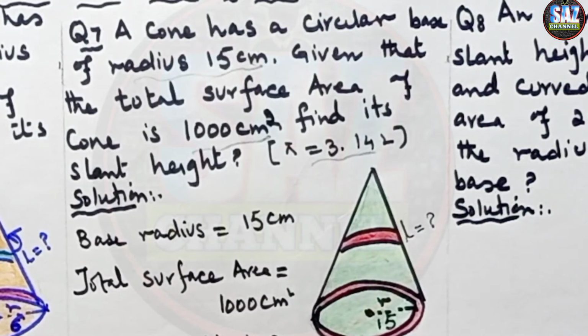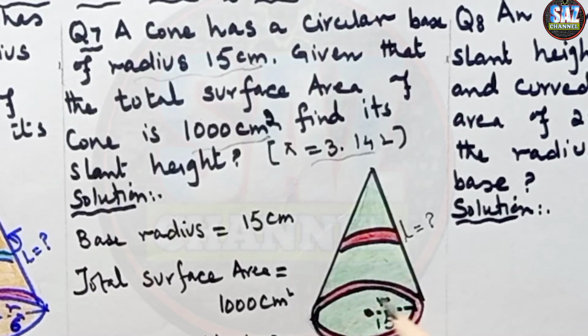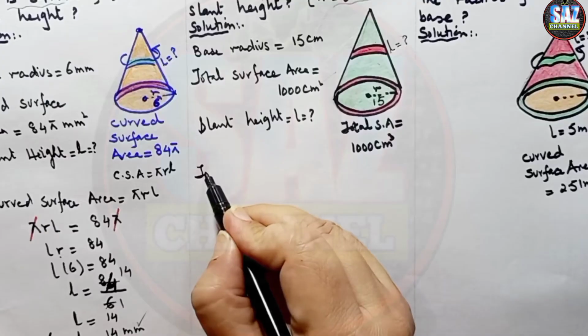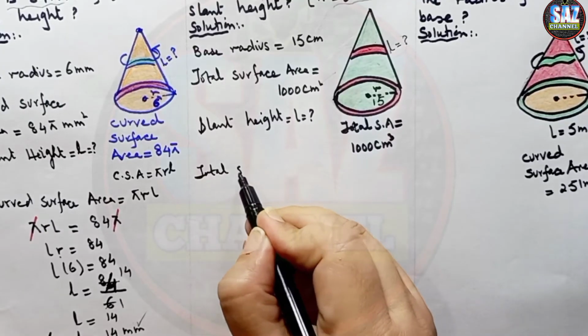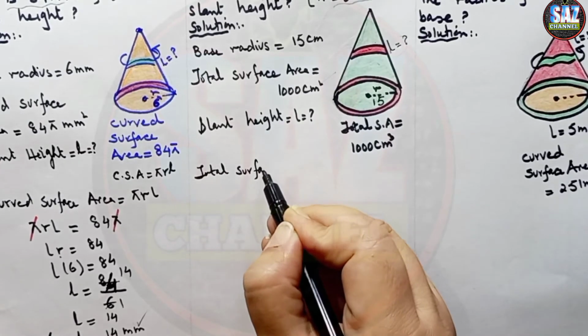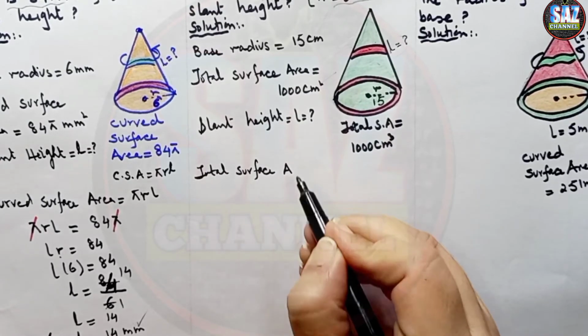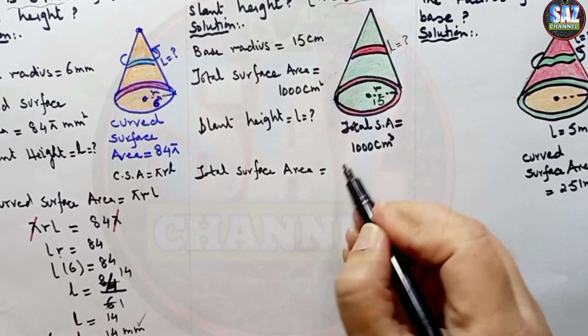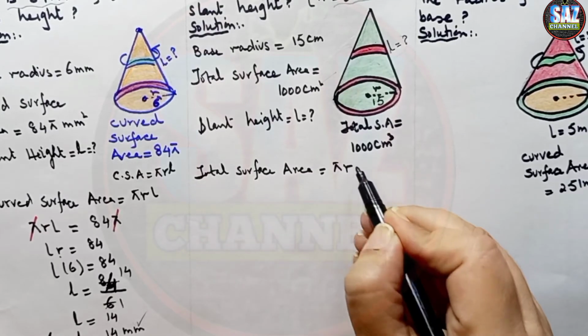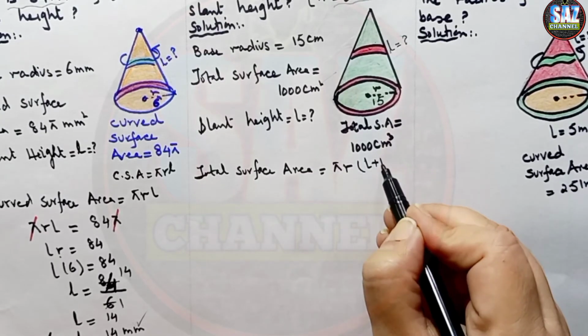Okay, when we are talking about the total surface area, it means the area of the base plus the curved surface area. 1000 is the answer for the area of the base and the curved surface area, and we recall the formula for the total surface area. Total surface area equals pi r into L plus r.